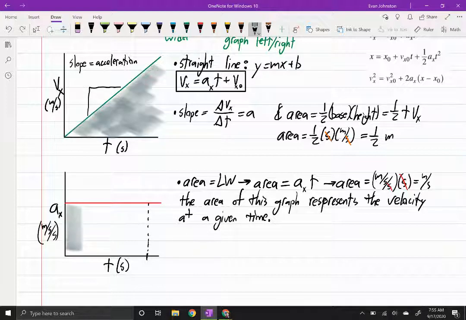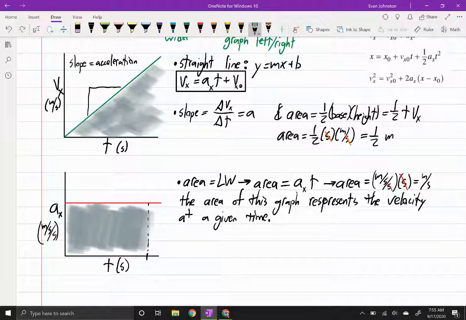In 1 second, maybe it fills up that much. The next second, it fills up that much again, and again. It's saying that the area is constantly increasing here at the same rate, just like how the velocity here is constantly increasing at the same rate. So again, these graphs tell the same story, which is kind of the neat thing about it.